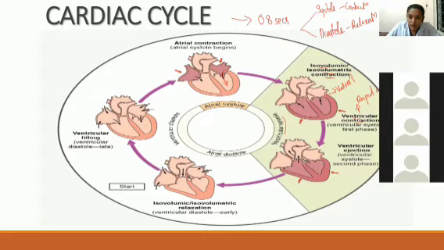So in rapid ejection, the valves will open and the blood will be going out to the aorta or the pulmonary artery. Okay, so that is the rapid ejection phase. Then the ventricular ejection. This is also known as reduced ejection.